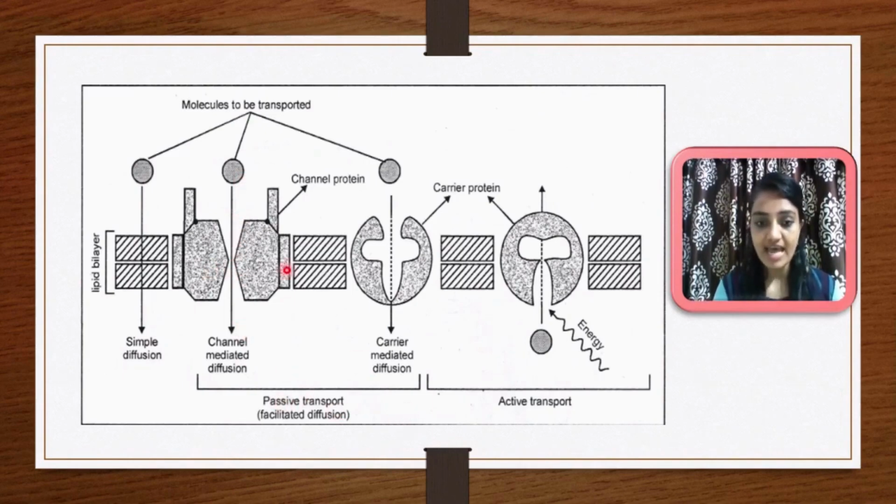This passive transport can be divided into two groups, channel mediated diffusion and carrier mediated diffusion. Both are passive transport because here also energy is not utilized. And if ATP is utilized during the transportation from low concentration to high concentration, such a transportation is considered as active transport.